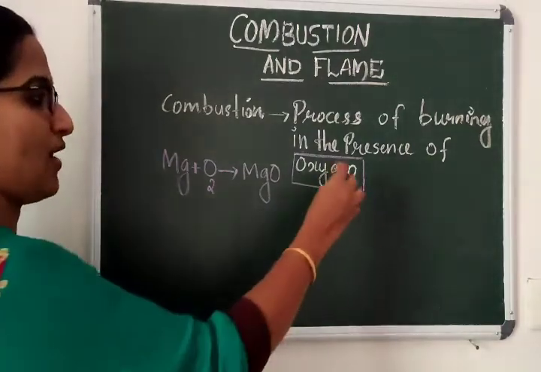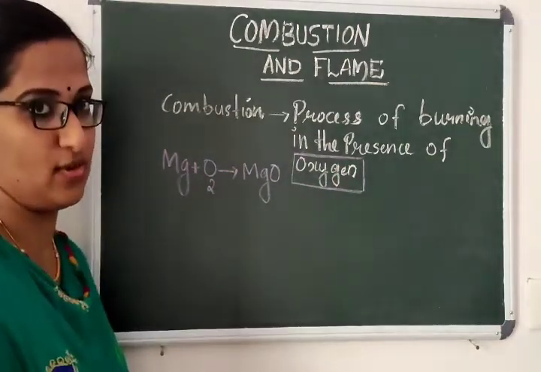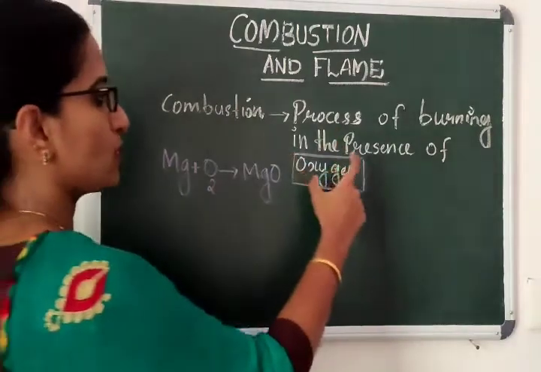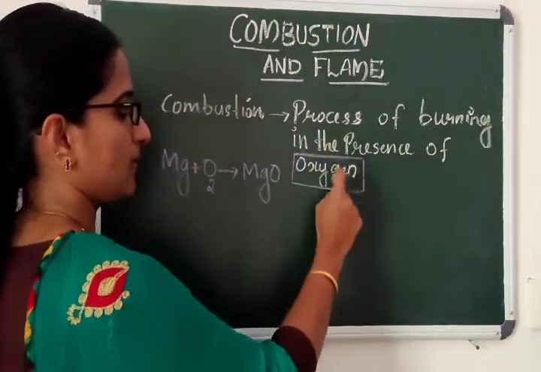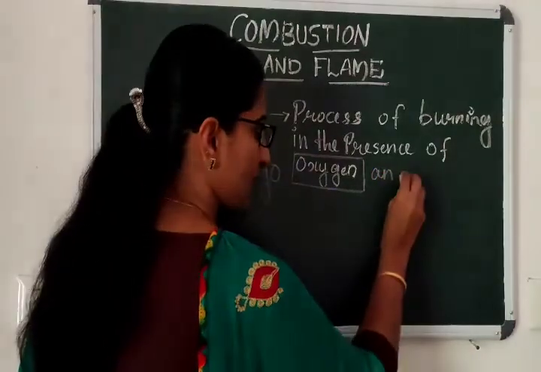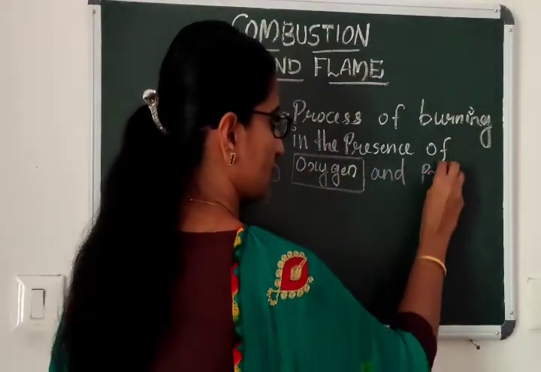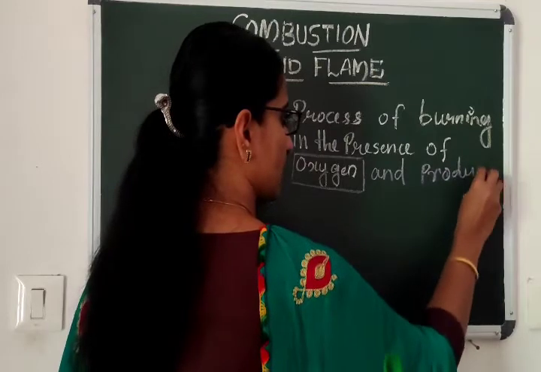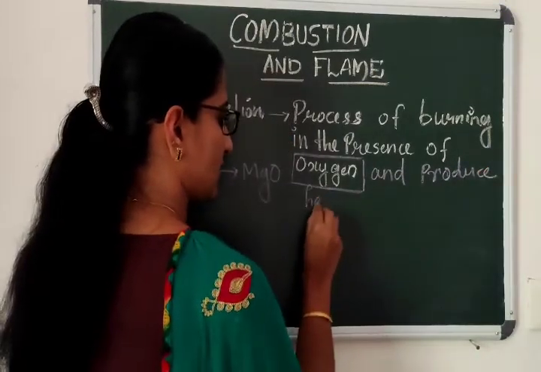Along with magnesium oxide, you will get heat and light. That point you also have to add in the definition of combustion. So combustion is the process of burning in the presence of oxygen and producing heat and light.